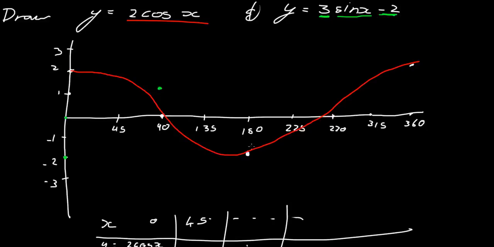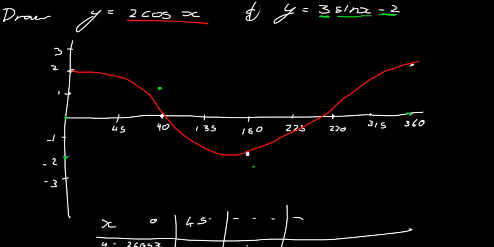Okay, then we're going to come down at 180, up, down, and going to end over there. This is also not that nice because my spacing is not very good.